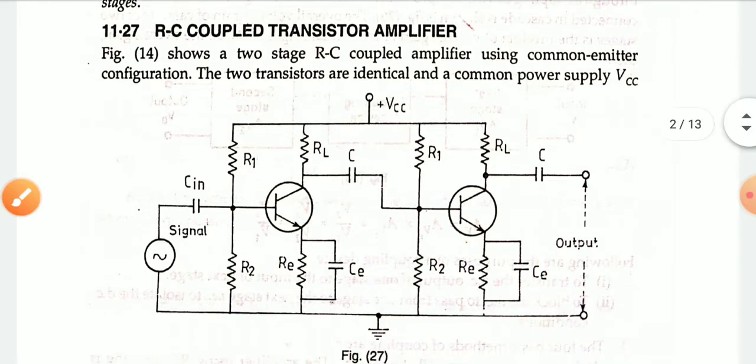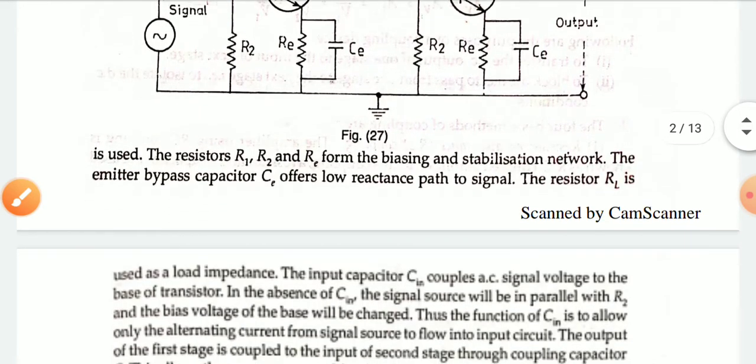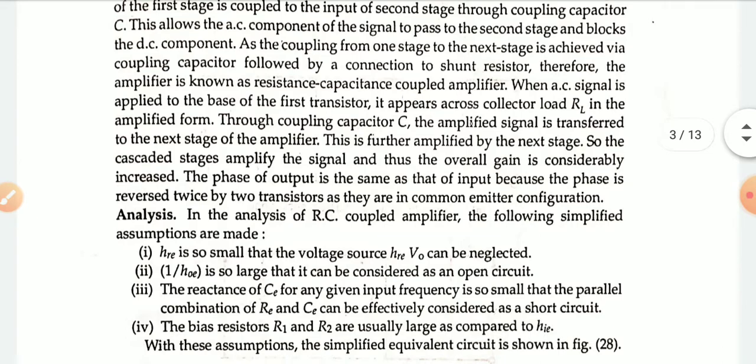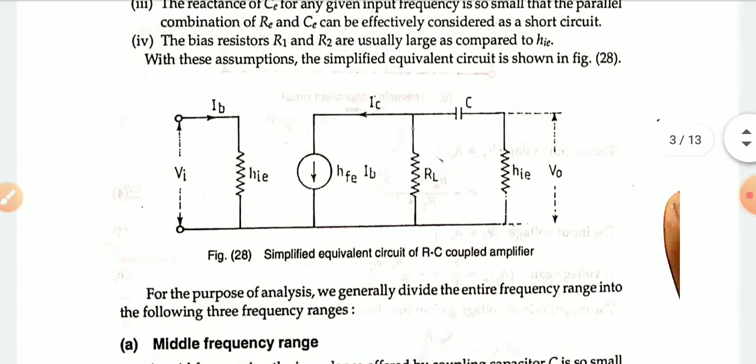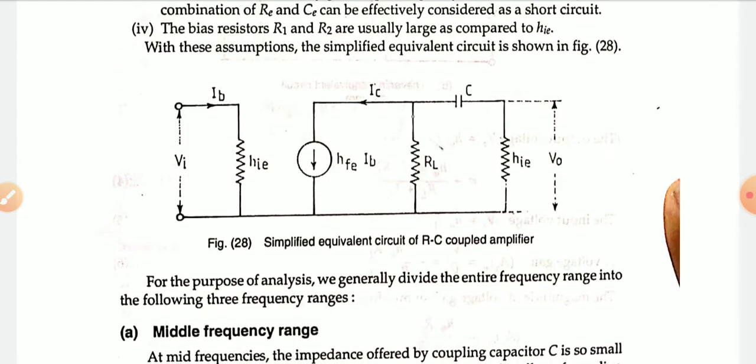For the RC coupled amplifier, the equivalent circuit can be drawn in this way, where we assume some conditions by which the equivalent circuit is simplified.